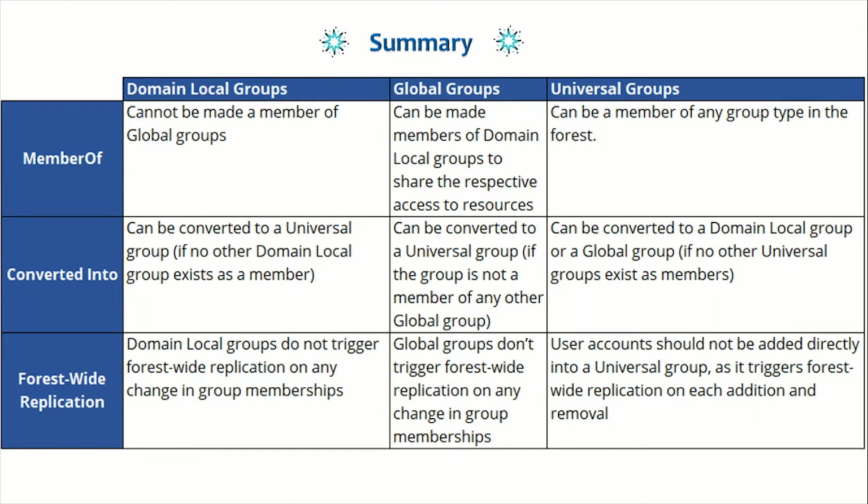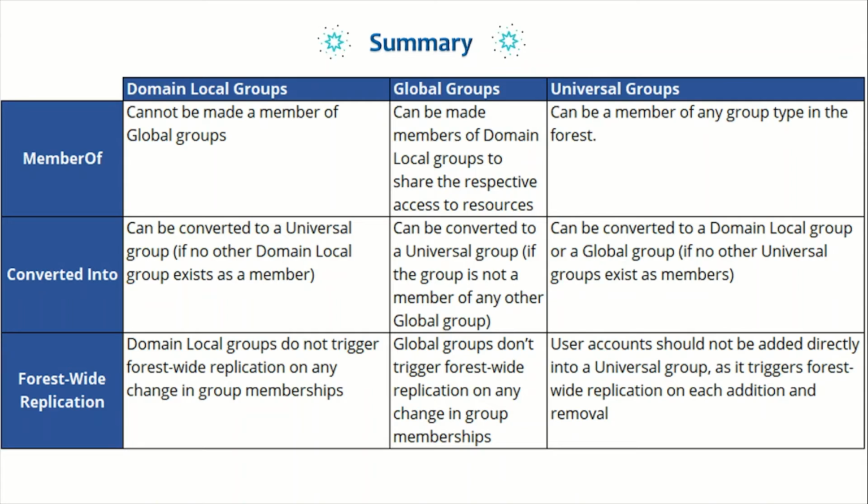Let's look at member of. A domain local group cannot be a member of a global group. A global group can be made a member of a domain local group to share respective access to resources, and a universal group can be a member of any group type in the entire Active Directory forest.